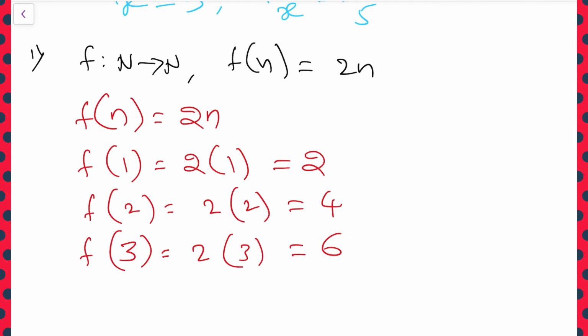If we continue like that, we will get so many numbers. Now if we observe the pattern clearly, this is 2, 4, 6. Next number will be 2 4s are 8, then 2 5s are 10, then 2 6s are 12. It continues like that only. So it is only even numbers. So the range of this function f of n equals 2n is all even numbers. The range will be even numbers.